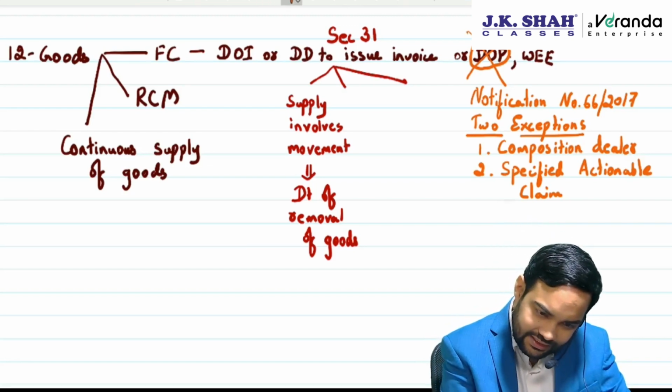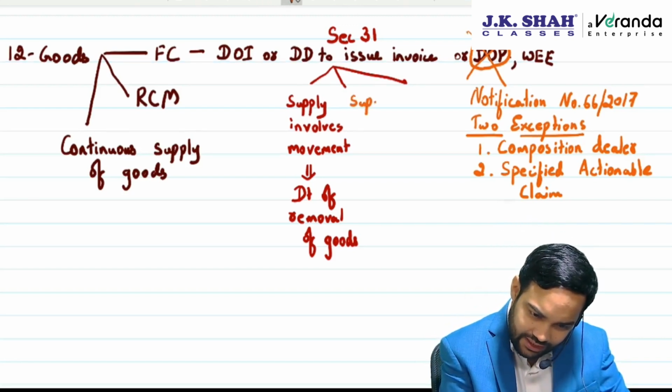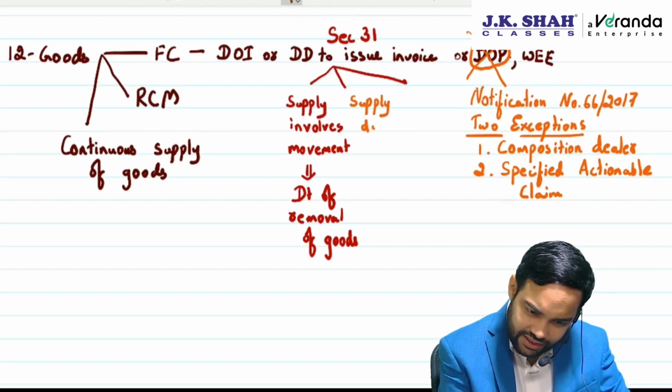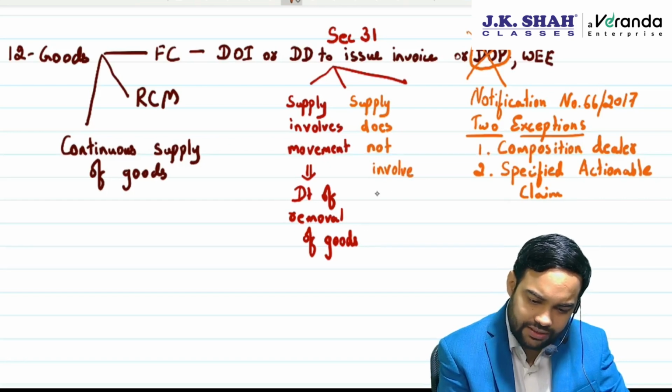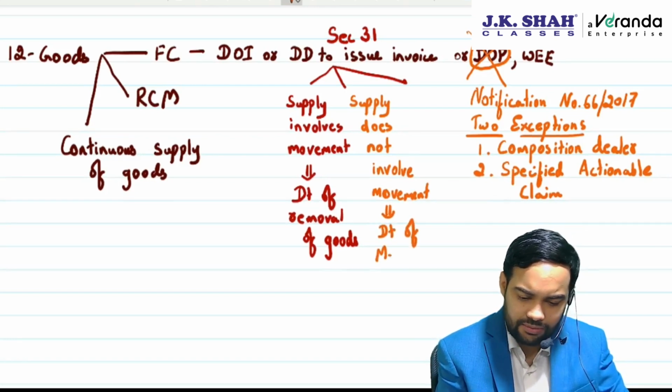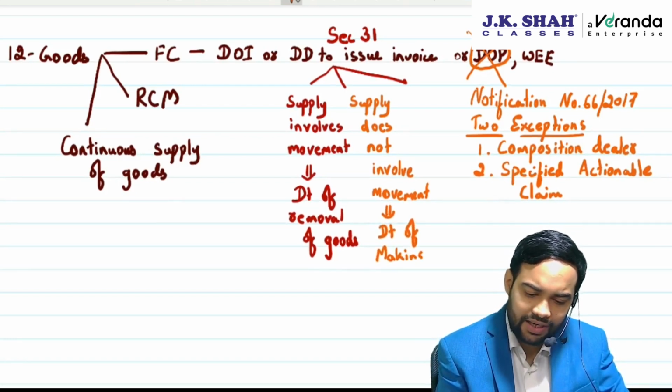Then the second case is if the supply does not involve movement. Now, if the supply does not involve movement, then instead of removal date, we use date of making available. Meaning, when the goods were made available to the recipient.